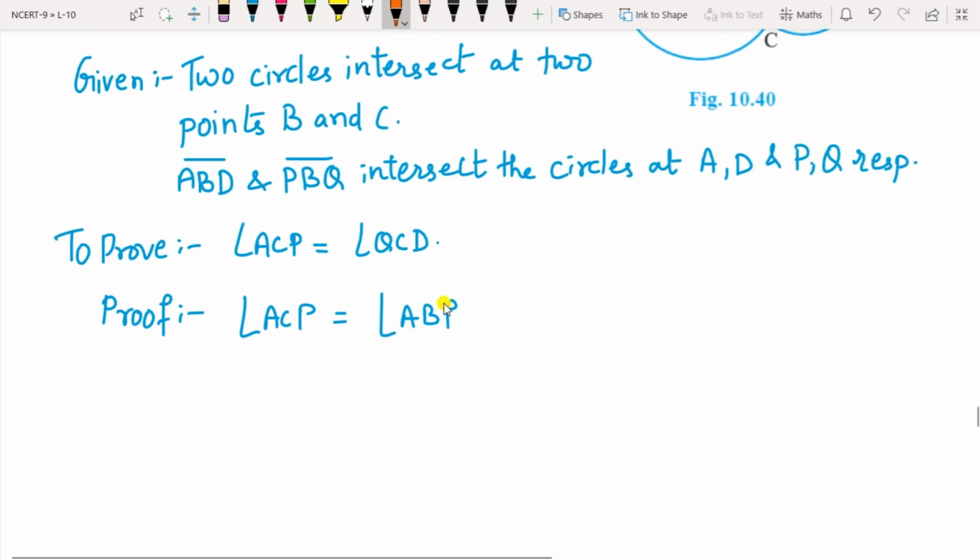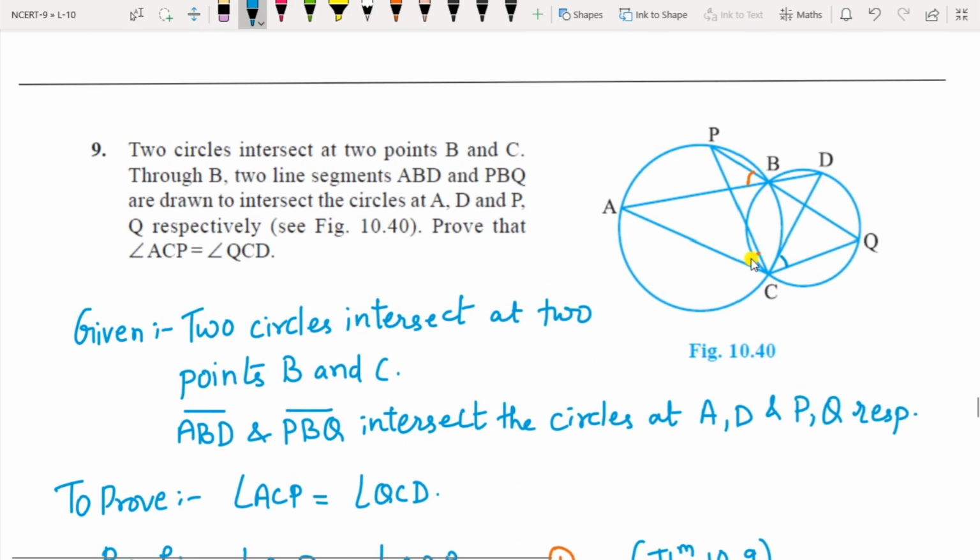That will be equation number 1 because of theorem 10.9, that is, angles in the same segment are equal. So this angle is equal to this angle because they are in the same segment.